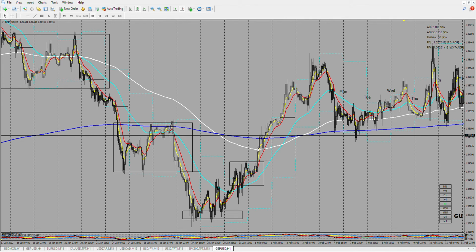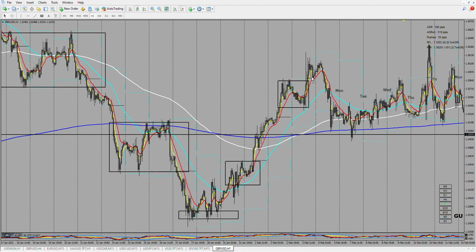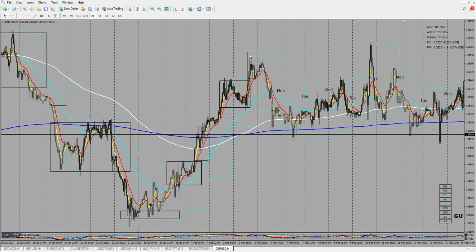All right, then we had a second push to the upside, which gave us what? A consolidation phase right here. So we can mark this as our level 2, right? After that, what happened? We had a third push, and it marked our level 3. So after marking our level 3, what are we expecting?